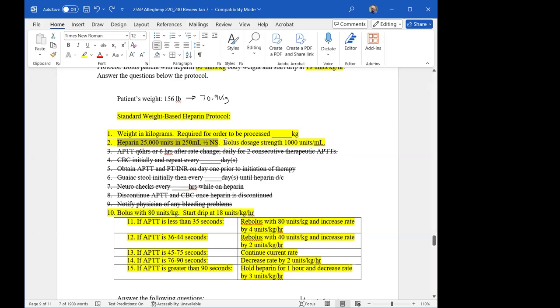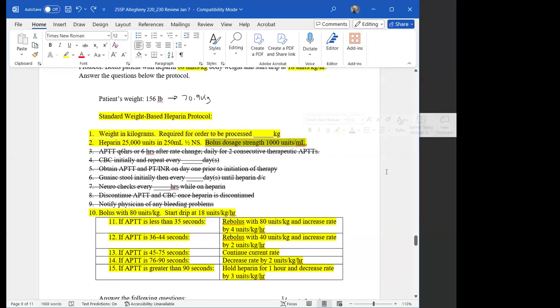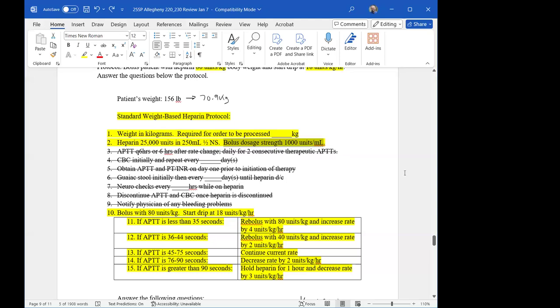And then finally, we'll have a bolus dose strength of 1,000 units per milliliter. So you have two things. One's a bolus, and I always say just imagine there's a separate vial that you're pulling from. You're going to draw out the amount you need from that bolus dose, and then add it to the patient's IV via a port, as opposed to using the IV solution to bolus dose.